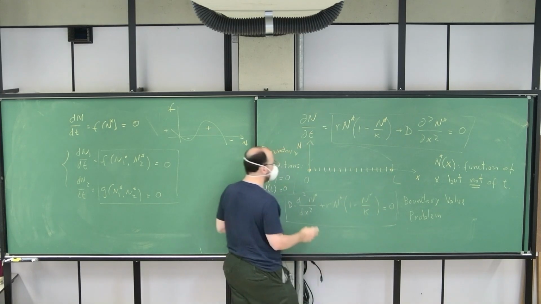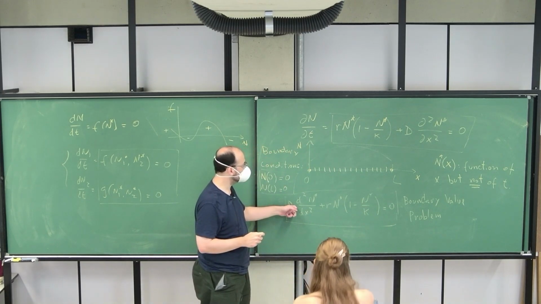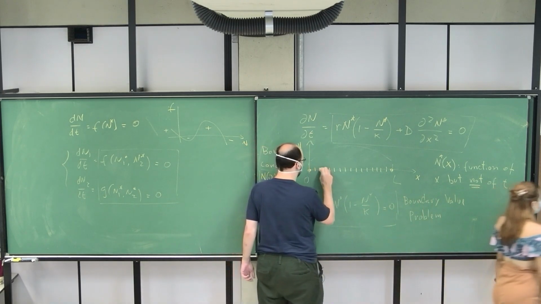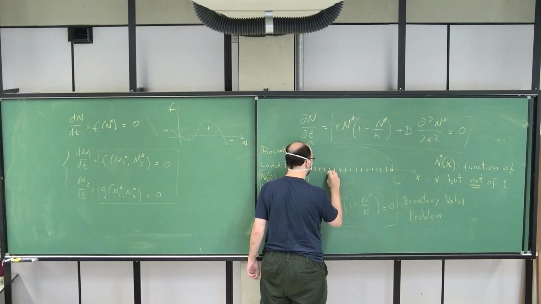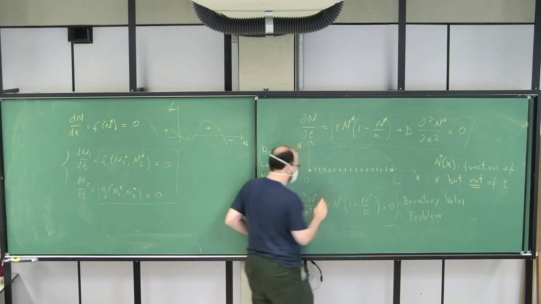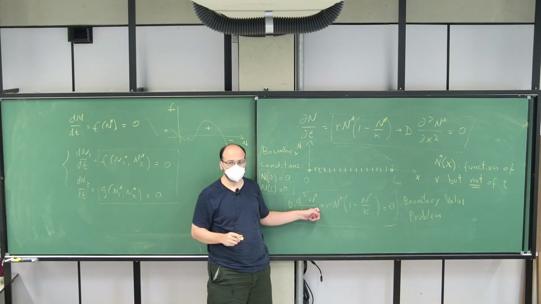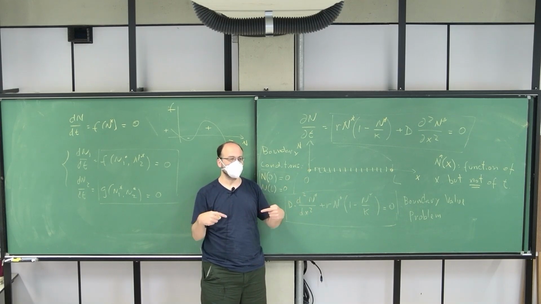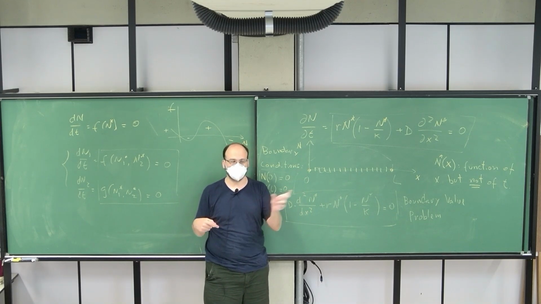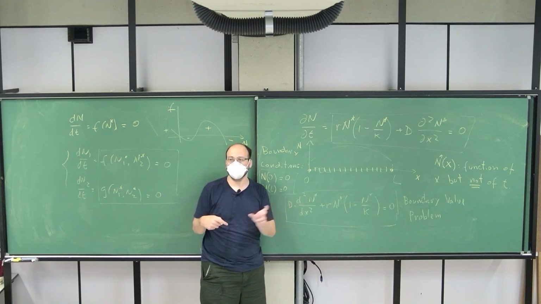To simulate diffusion, the points always exchange individuals with only the neighbors. So for each point I subtract 2 times itself and sum the 2 neighbors. Remember the idea of summing the shifted arrays and so on.